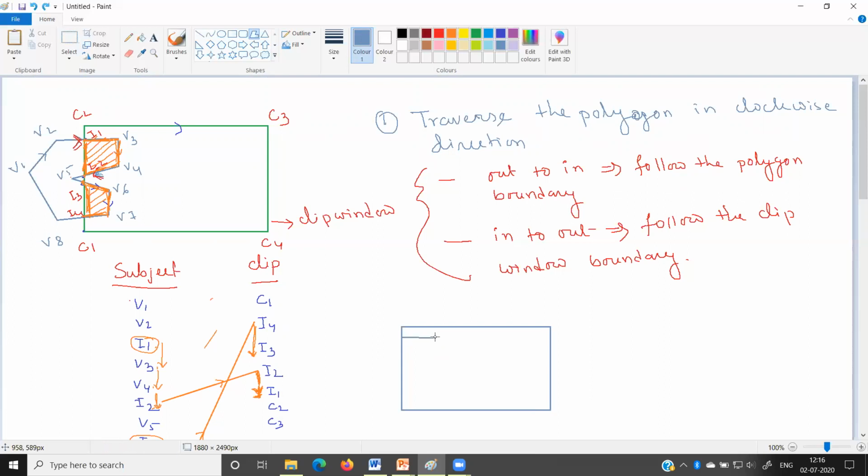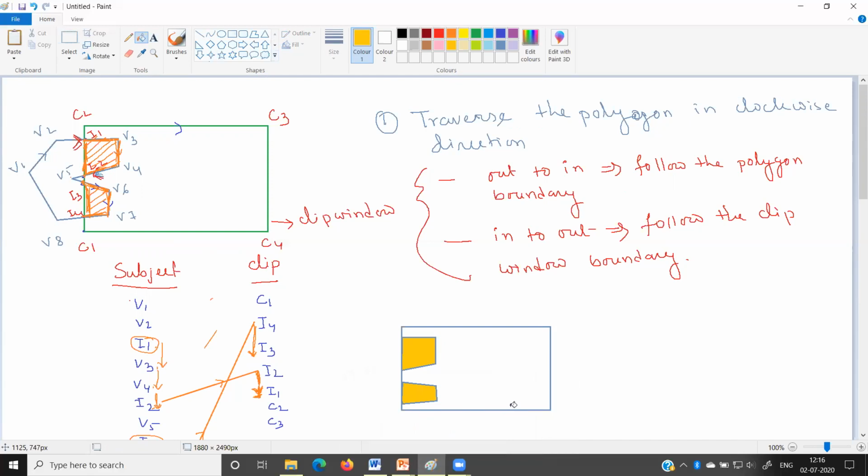So my output will be like this. This is one sub-polygon and the other sub-polygon is this one. So you are getting two sub-polygons, one is this and another is this.